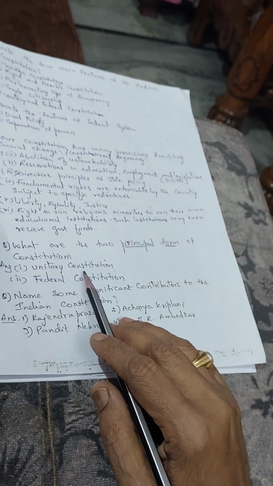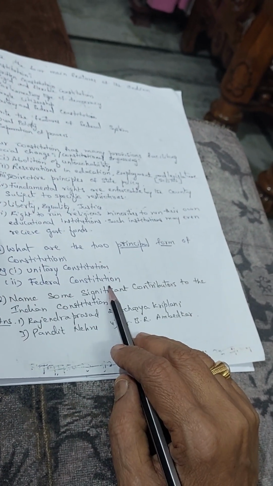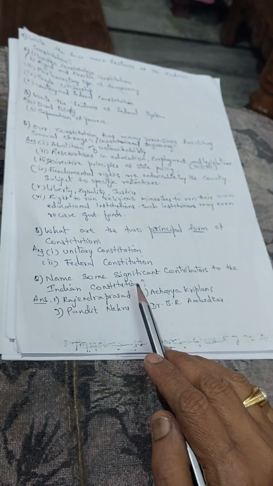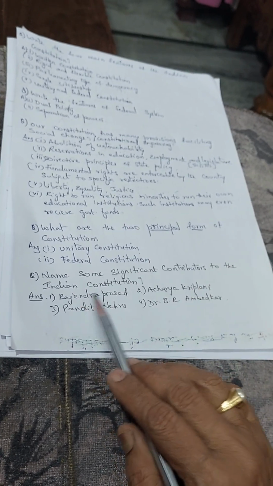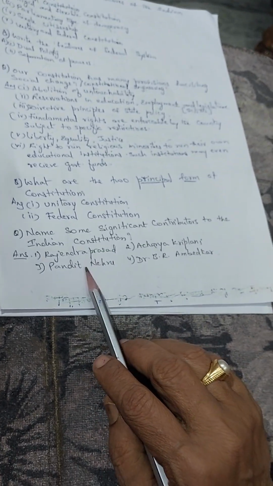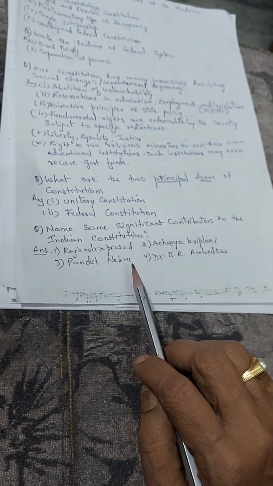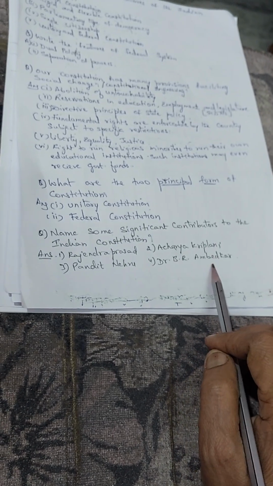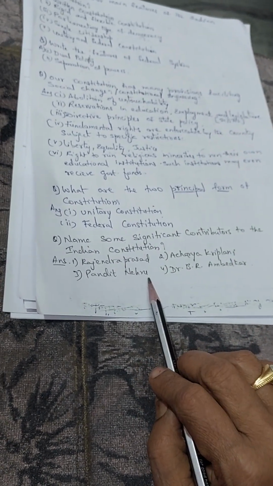The two principal forms of constitution are unitary constitution and federal constitution. Name some significant contributors to the Indian Constitution. Some significant contributors are Rajendra Prasad, Acharya Kripalani, Pandit Nehru, Dr. B.R. Ambedkar. These are some of the constitution makers, children.